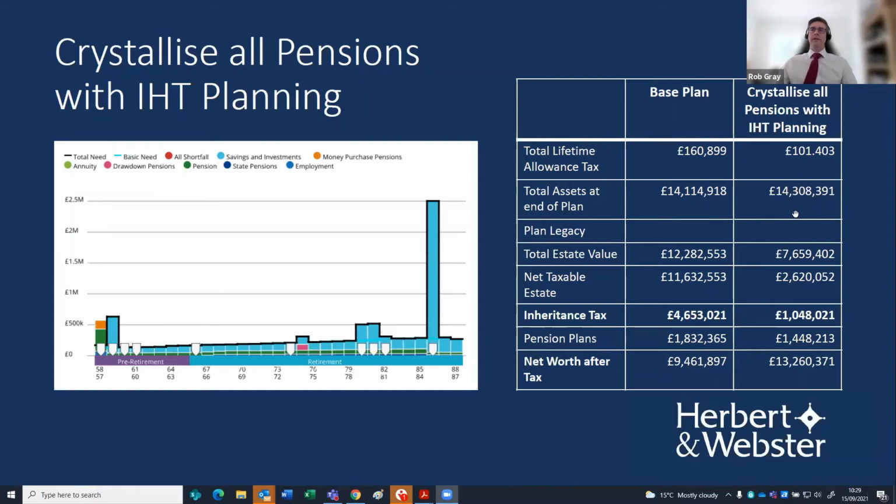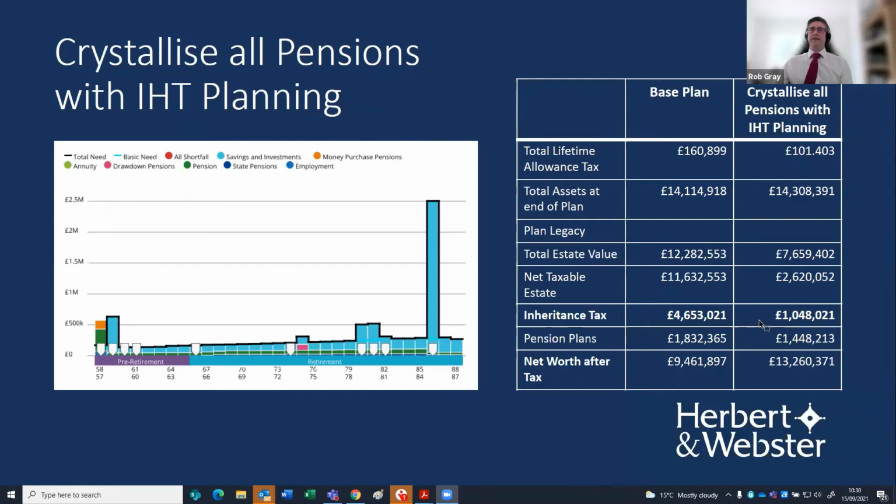But by setting out how we could make these moves and put this plan into place, we were able to show that here the estate value at the end of the plan would be 7.6 million. Because we've got a large chunk that's invested in the business property relief, the actual taxable estate is reduced right down to 2 million. Obviously, there's money held in the trust as well.